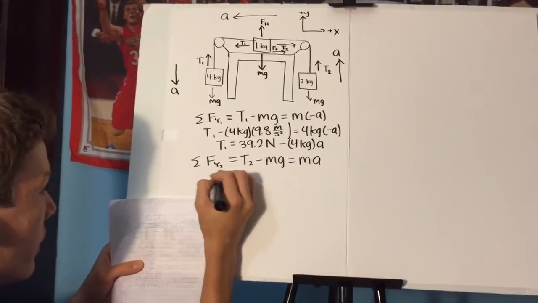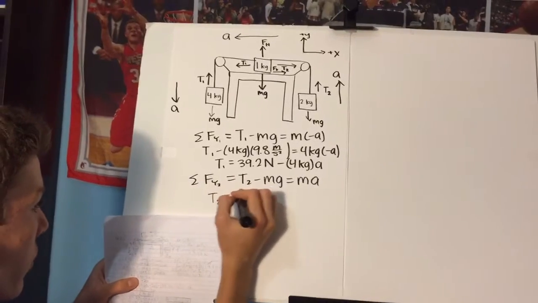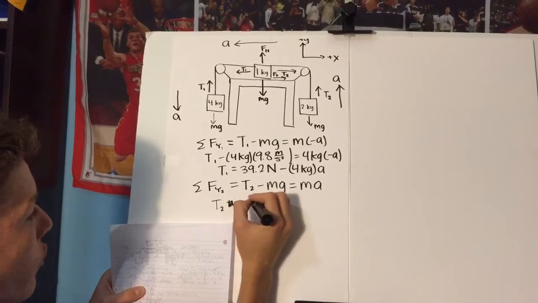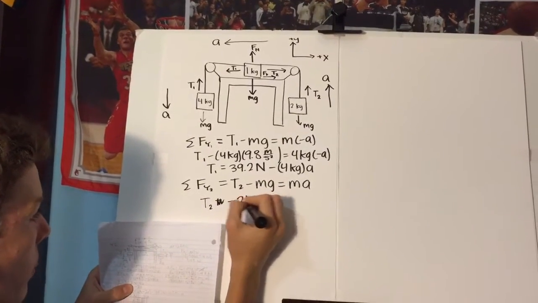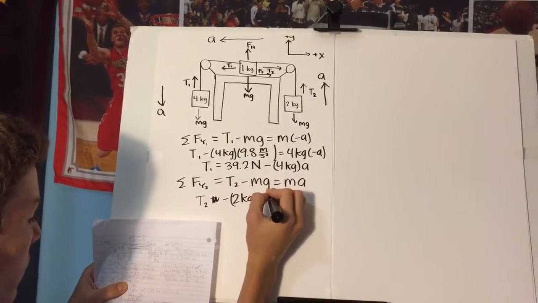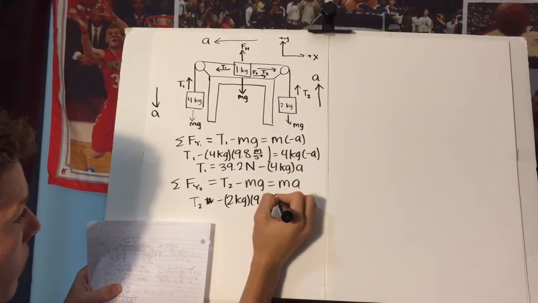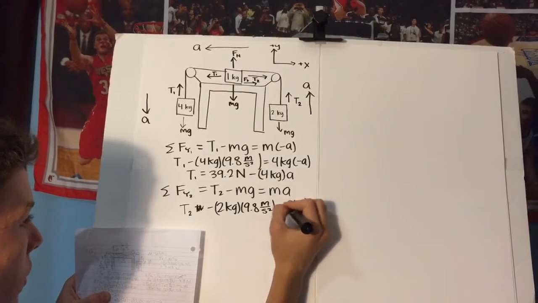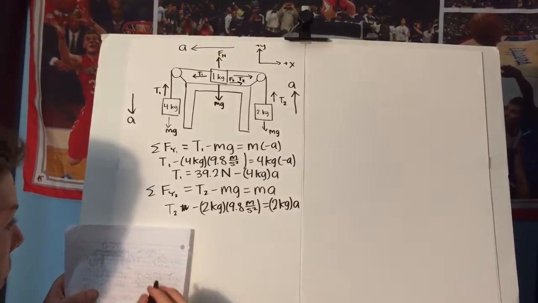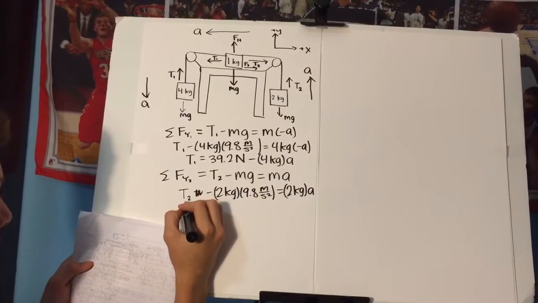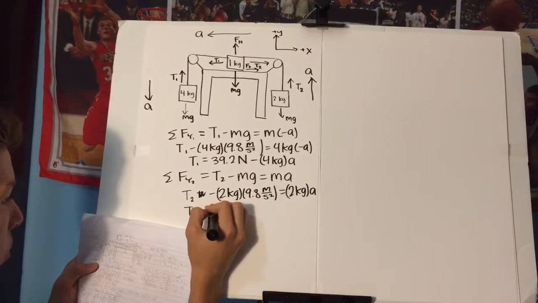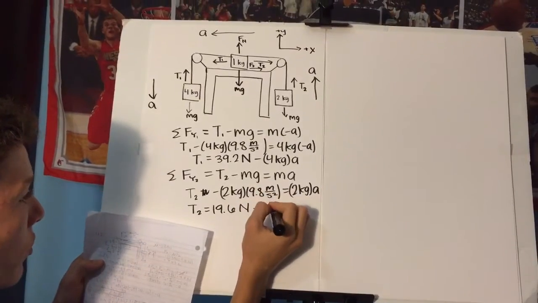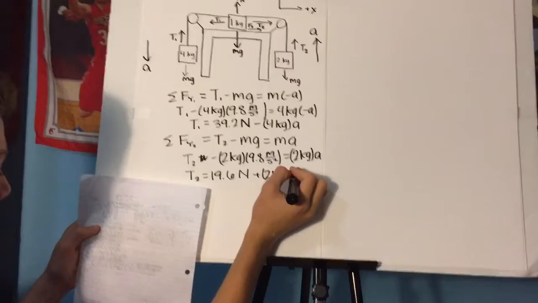So we're going to have T2 minus 2 kilograms times 9.8 meters per second squared equal 2 kilograms times acceleration. And when we simplify this, we get T2 equals 19.6 newtons plus 2 kilograms times acceleration.